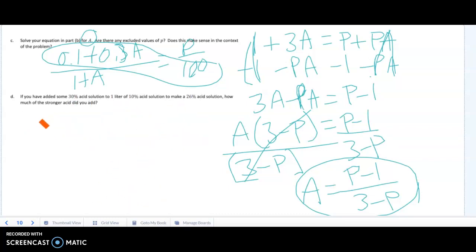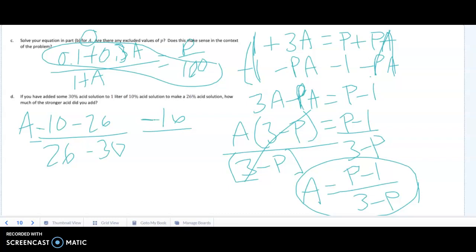It says 30% acid solution to 1 liter. So that's going to be 10, that's our percentage, minus the 26. And then we're going to have the 26 minus the 30. And that gives us a negative 16 over a negative 4. And that's what we want.